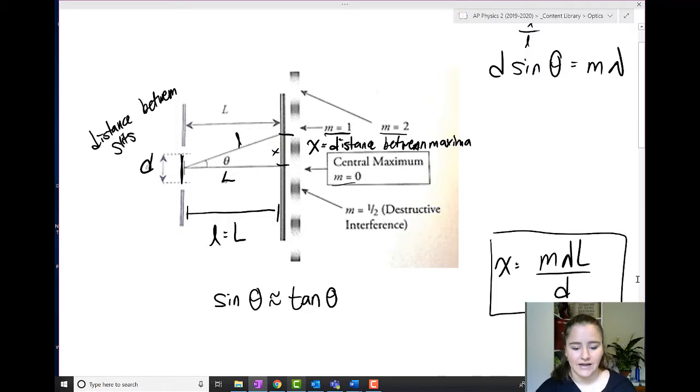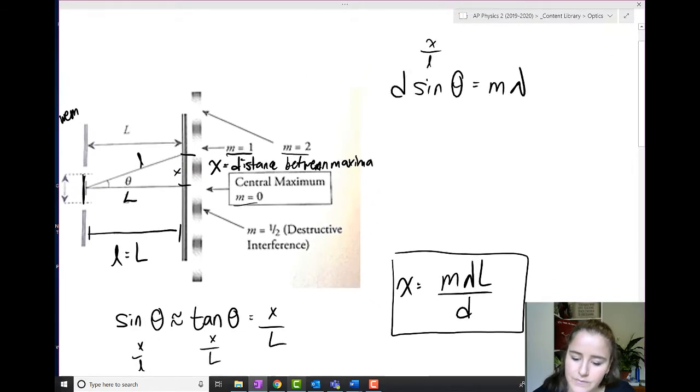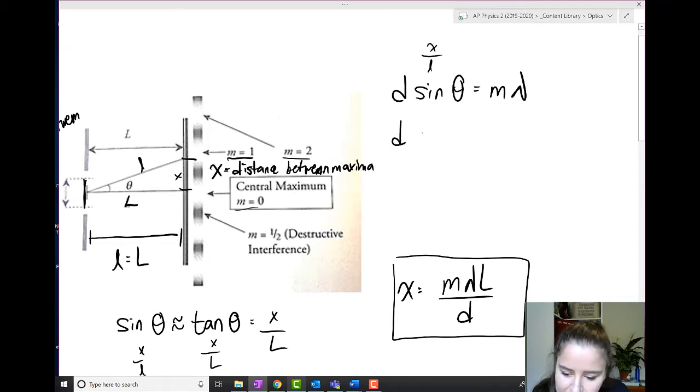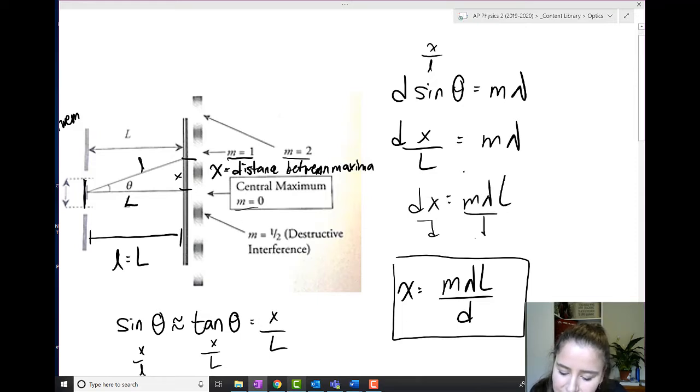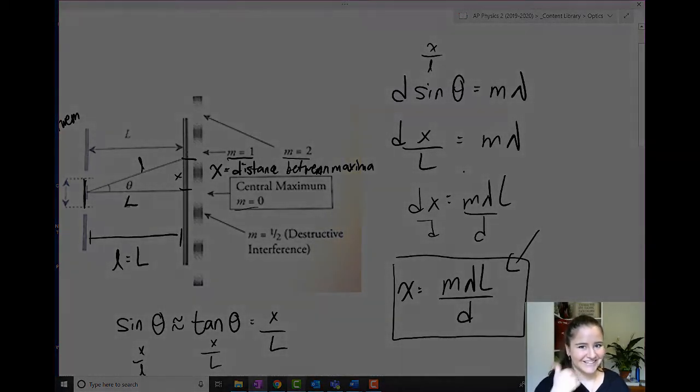But for small angles, for those first maxima, sine of theta, which is x over little l, is approximately equal to tangent of theta, which is x over L. So if we put that formula into here, times x over L, times the wavelength, and we do some reorganizing, we end up with the equation you see here that we're going to be using for all of our experiments. Okay, cool? Okay, cool.